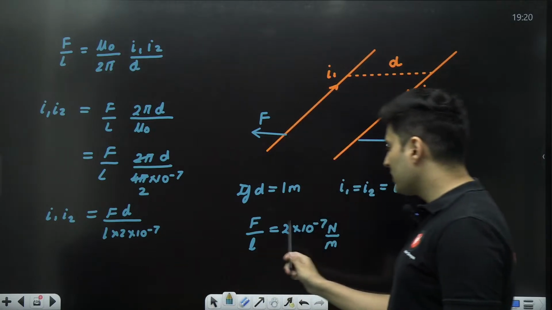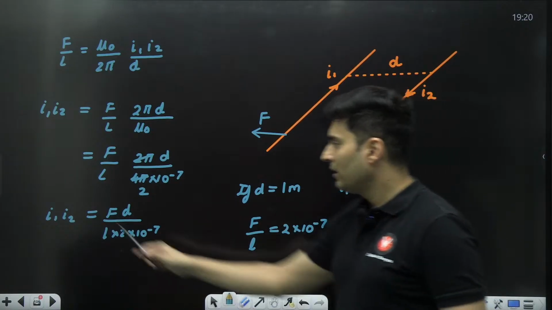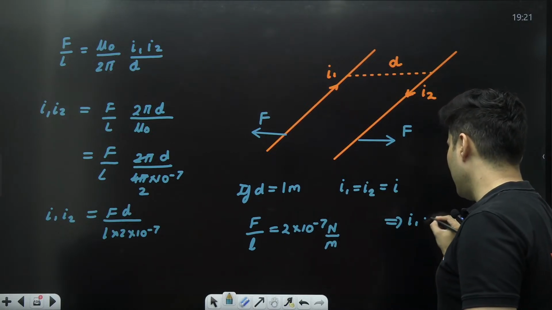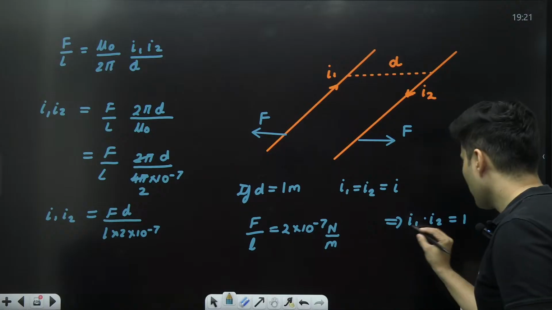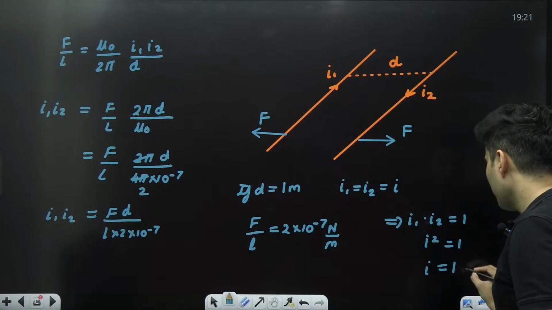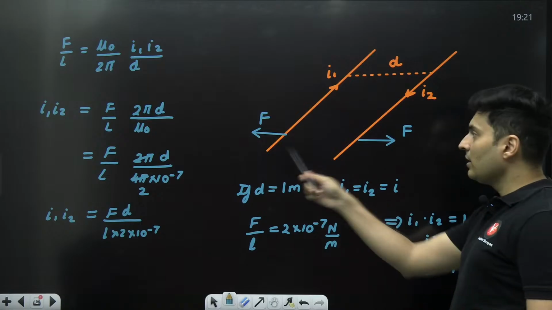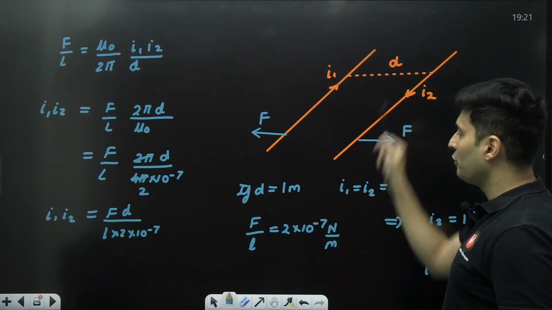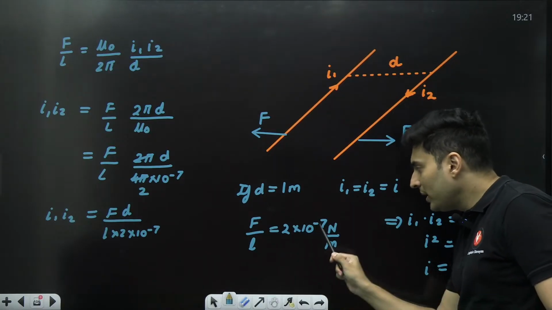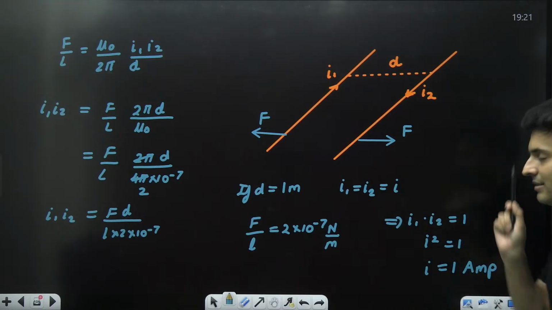So F by L is this value, the 2 pi and this will cancel, the distance is 1 meter, then the product of I1 and I2 will be 1, and since both of them are equal, I square will be 1, or I will be equal to 1. This current is then 1 ampere. So the current which you pass equally in both the wires, for a separation of 1 meter, producing a force per unit length of 2 into 10 to the power minus 7 newtons per meter, that current is called an ampere.